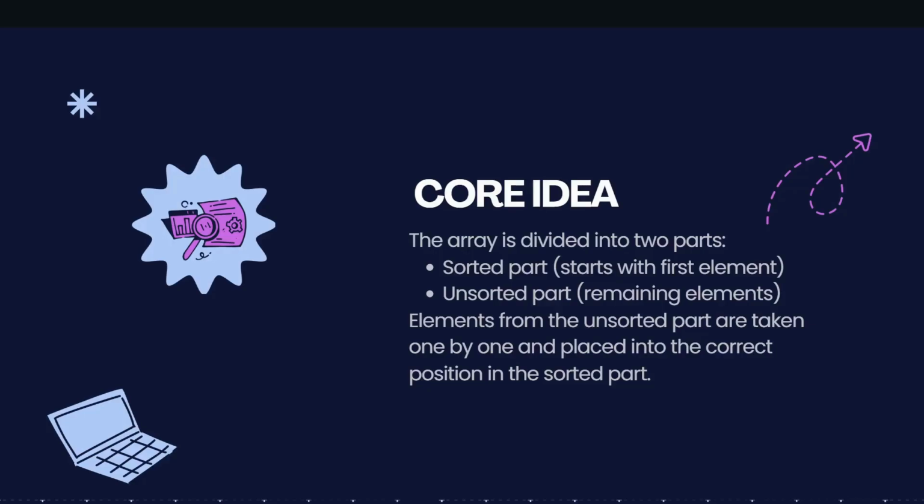The first element we take as sorted, and the remaining elements will be unsorted. The sorted part has only one element, so it's sorted. Then we pick one element from the unsorted elements and place it in the correct position among the sorted elements. That's the core idea of insertion sort.